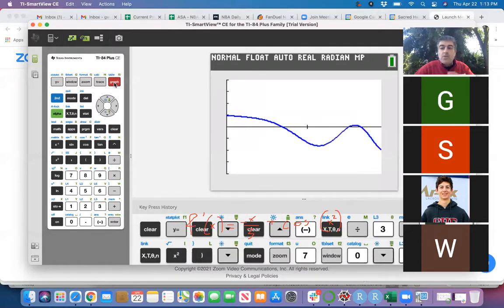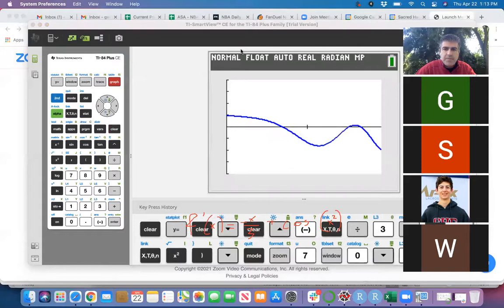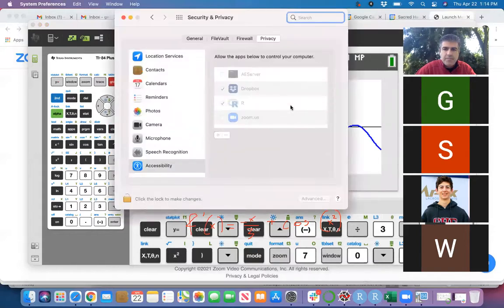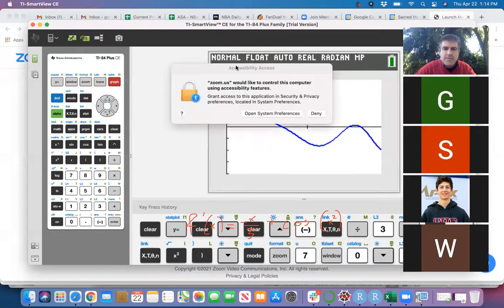Okay, so this is a derivative, not the original graph. So if I take a little spotlight here, I don't know what this is, this is so weird.